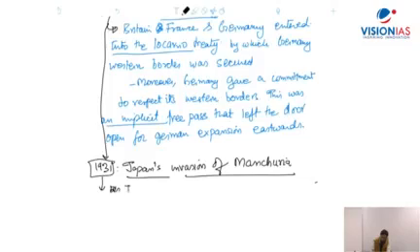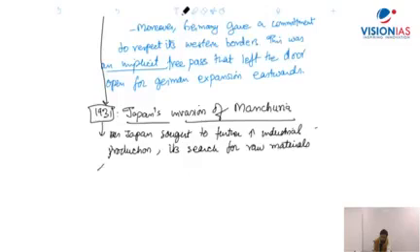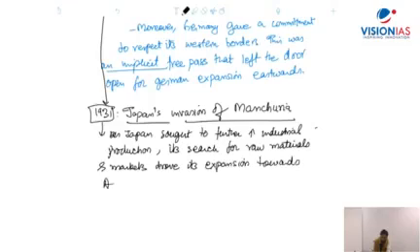as Japan sought to further increase industrial production, its search for raw materials and markets drove its expansion towards Asia.